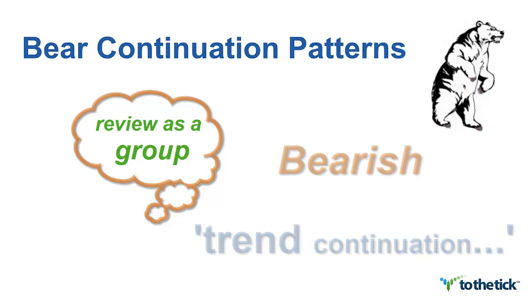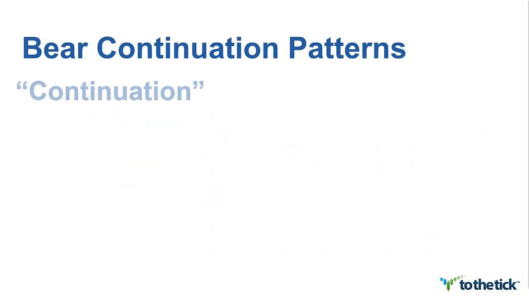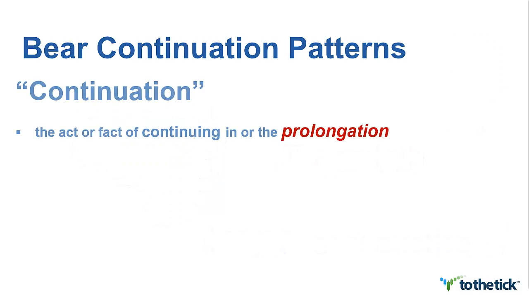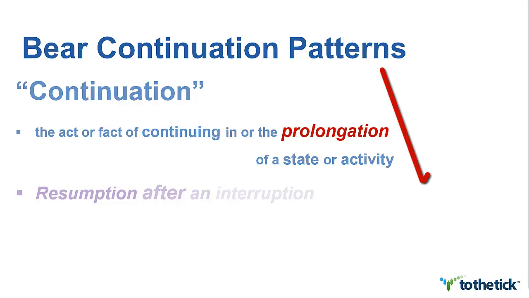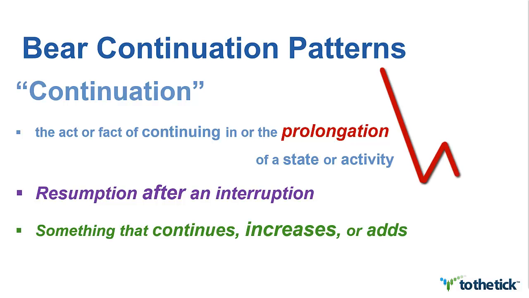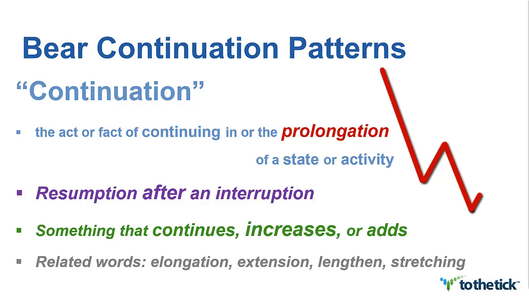So first, let's go to the Merriam-Webster's dictionary definition of continuation, and here we see that we have an act or a fact of continuing in or the prolongation of a state or activity. The resumption after an interruption, something that continues, increases, or adds, and related words, elongation, extension, lengthen, and stretching.